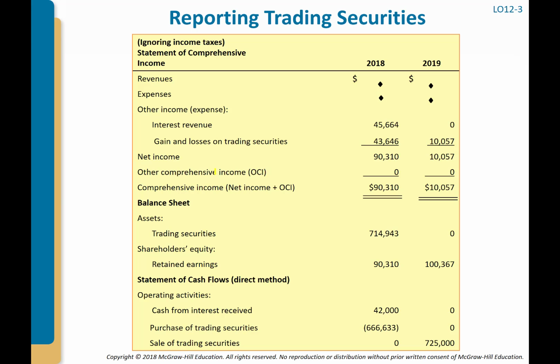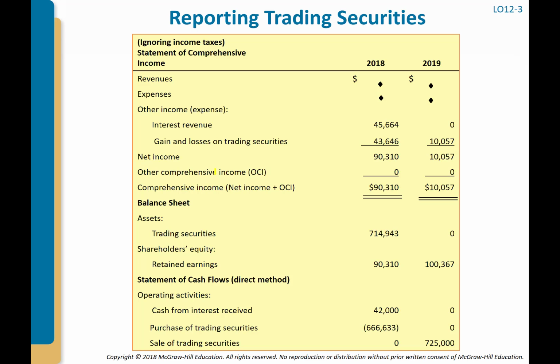Good. So at the end of the year, if I want to close it, do I have to debit it? If I want to close my interest revenue, I have to debit interest revenue for, how much was it? 45,664?